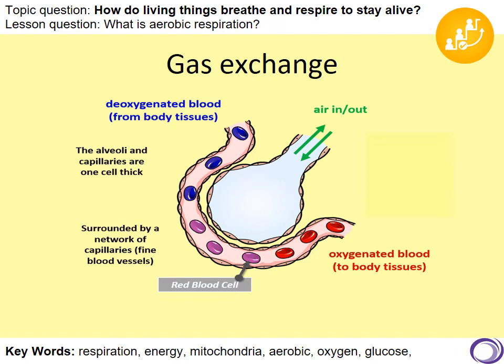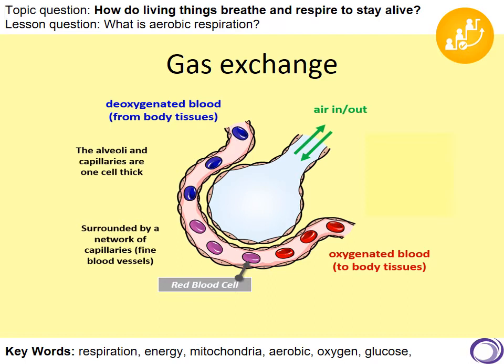There are lots and lots of these capillaries in and around the alveoli. This helps for really efficient diffusion of the oxygen from the alveoli and into the blood and to the red blood cells. Once the oxygen is attached to the red blood cells, then the red blood cells will carry the oxygen all round the body.